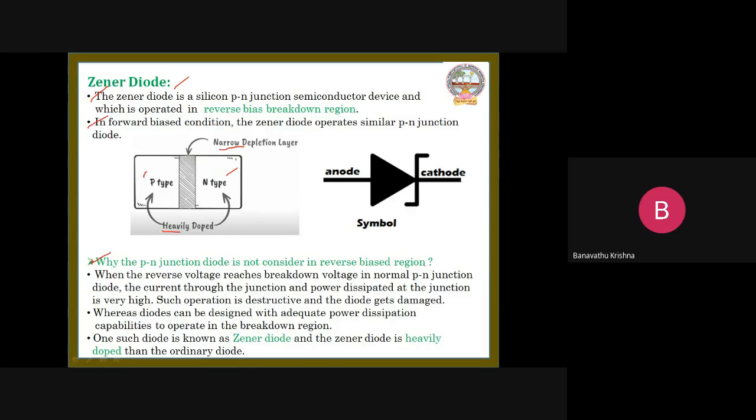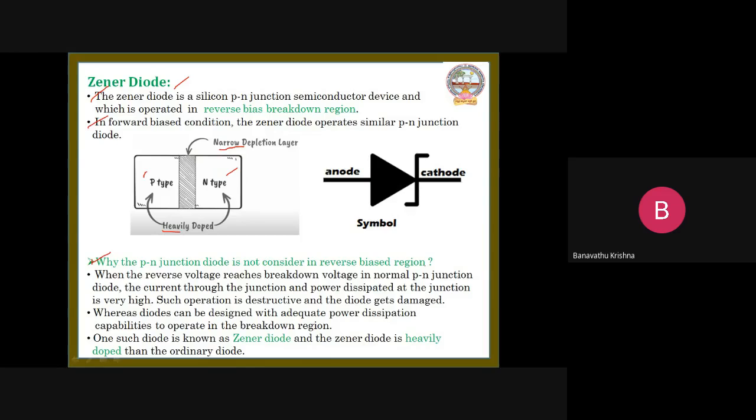So by the collision process, the minority charge carriers move in such a way that they disturb the outermost orbit electrons from the atom. In that way they keep increasing, and then suddenly the current increases. When that situation occurs, it is called avalanche breakdown.